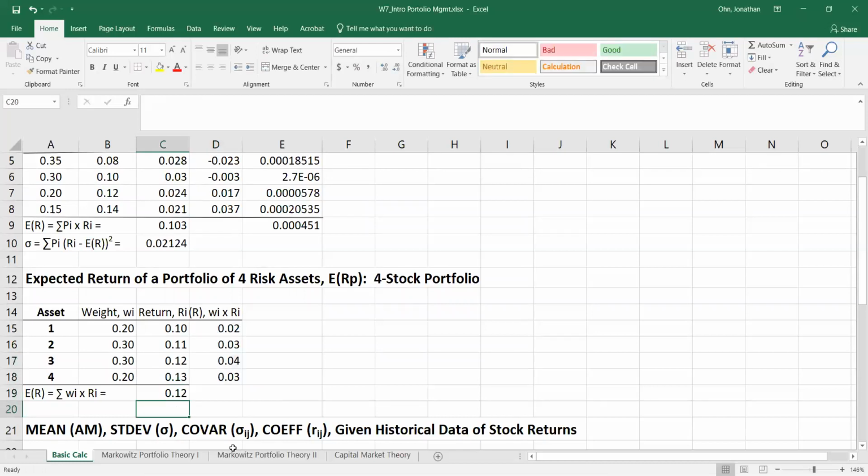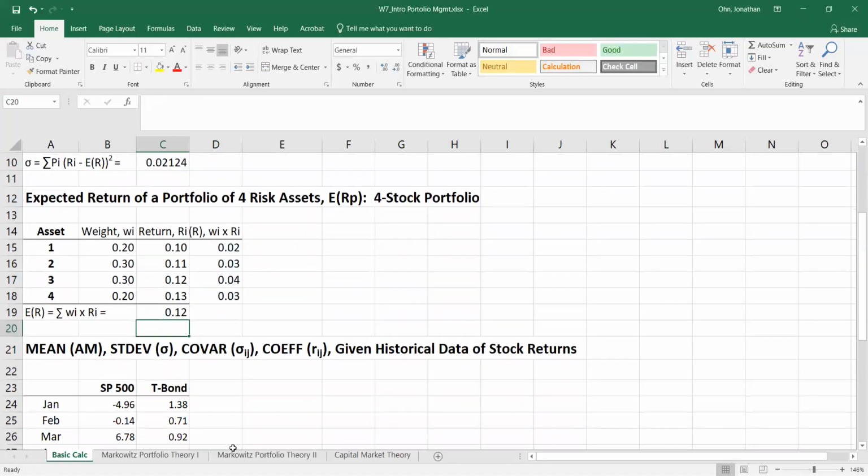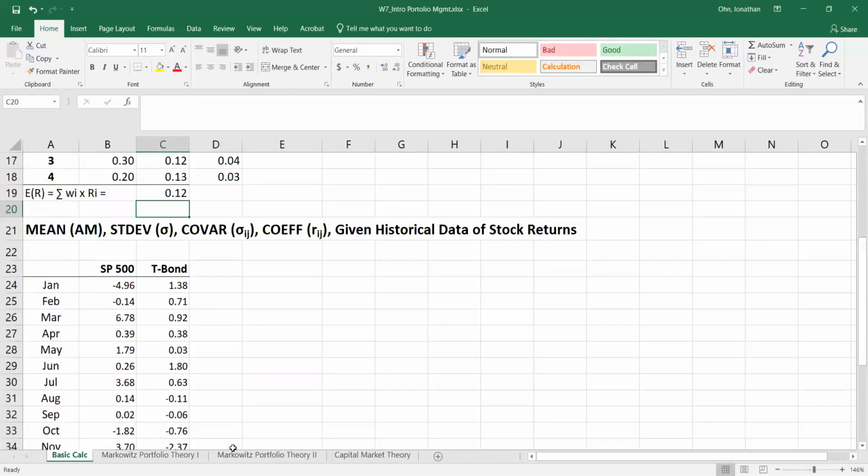Okay, 12%. So the expected return of our portfolio of 4 risky assets is 12%. That's how we calculate the portfolio expected return. We did that too, right?